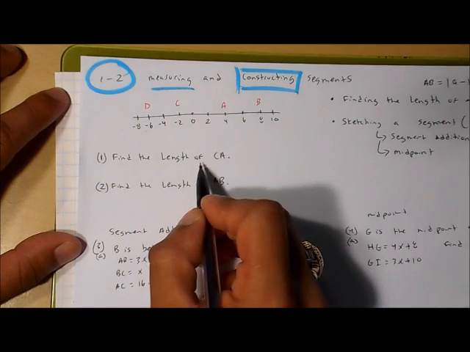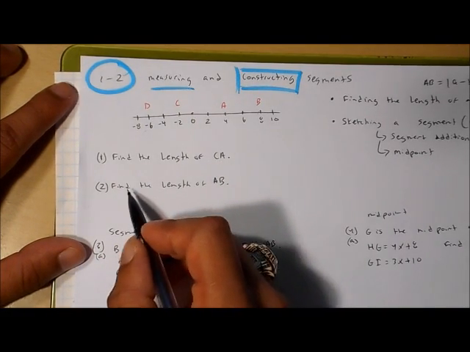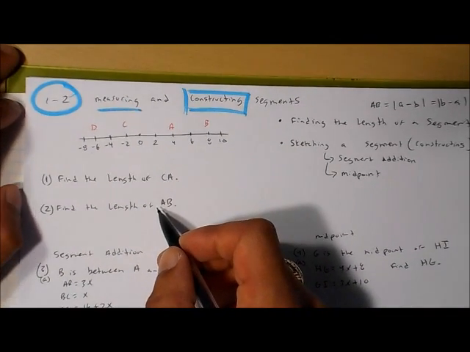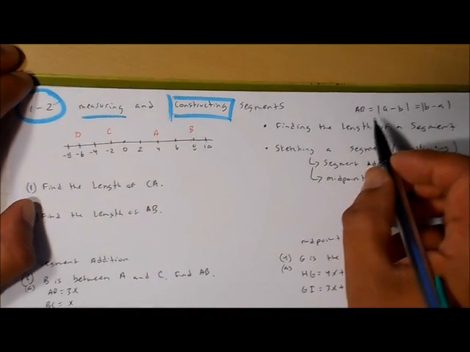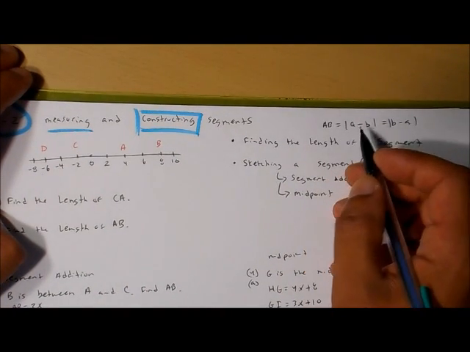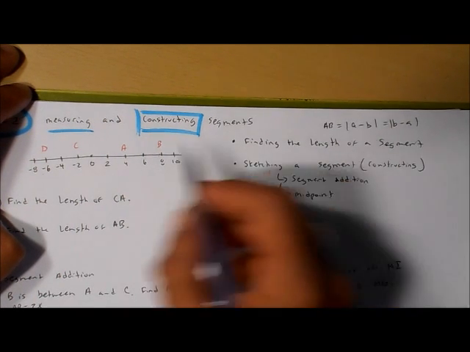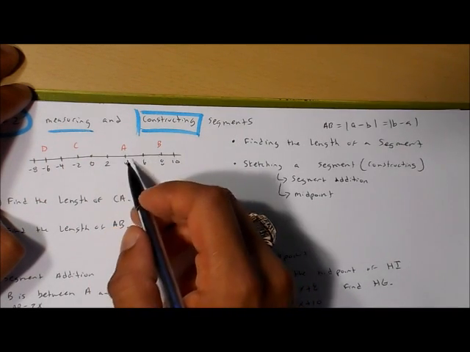We're asked to find the length from C to A, and also the length from A to B. What's really important is that you should remember that distance is always positive, and one of the ways of measuring from one point to another is simply by counting. If you're given the line, just count. But there's another way.